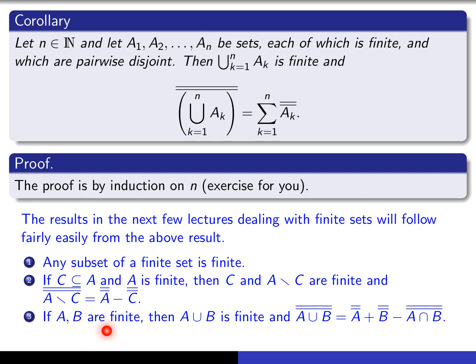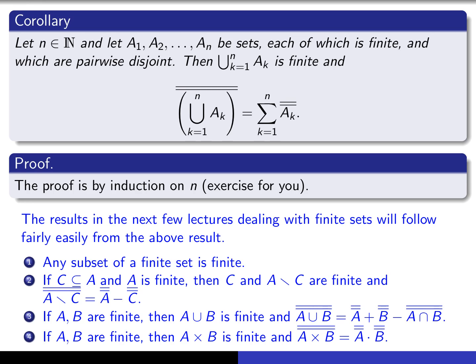If A and B are finite, then the union is finite, and the cardinality of the union is the sum of the two cardinalities minus the cardinality of the intersection. So this is a generalization of the n equals 2 version of this corollary, but it doesn't make the assumption that the sets are disjoint. So this is a more general result, and it's what's known as the principle of inclusion-exclusion.